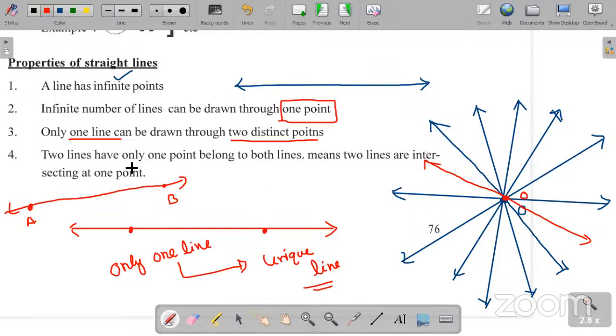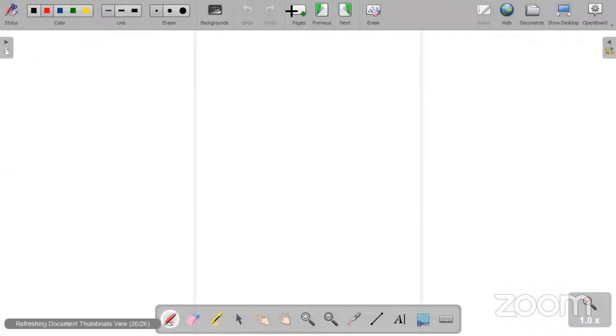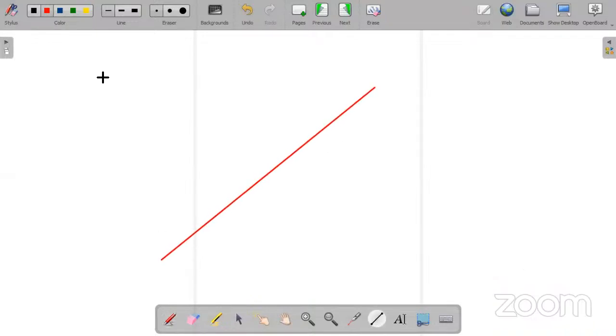Two lines that have only one point belonging to both lines means the two lines are intersecting at one point. For example, you draw two lines. This is one line, this is the other line. What do you observe? The two lines actually intersect at one point. Say this line is L. They are called intersecting lines.